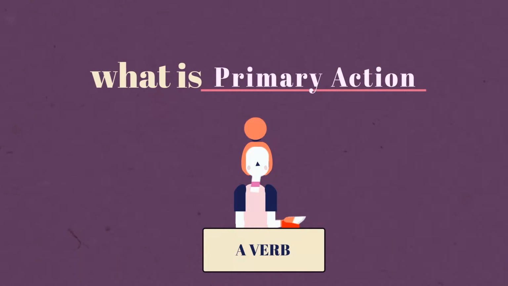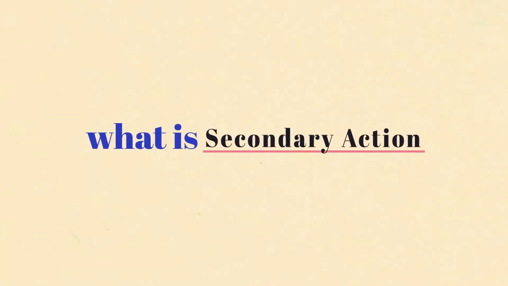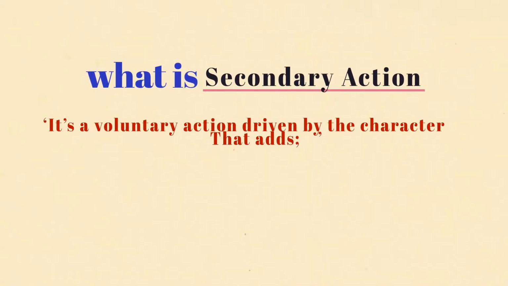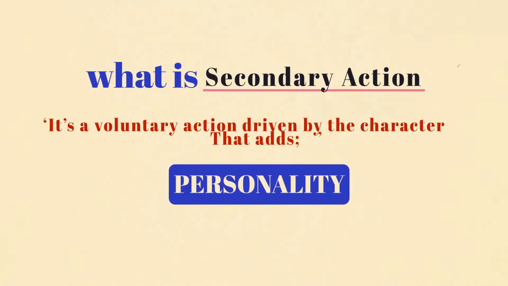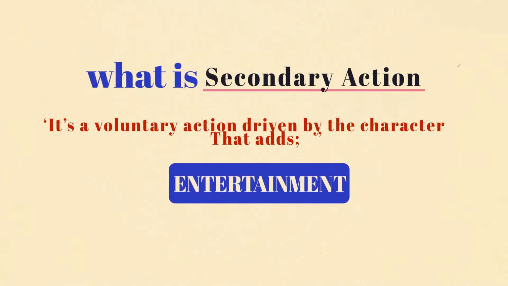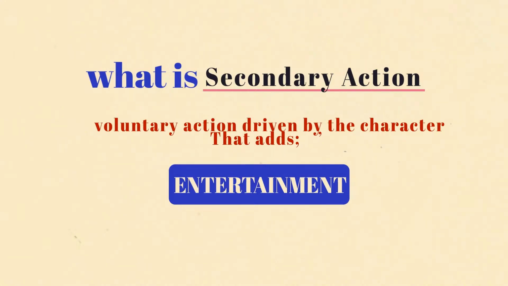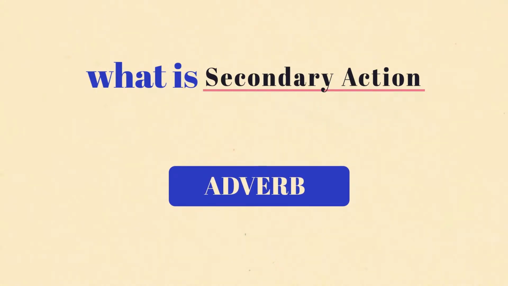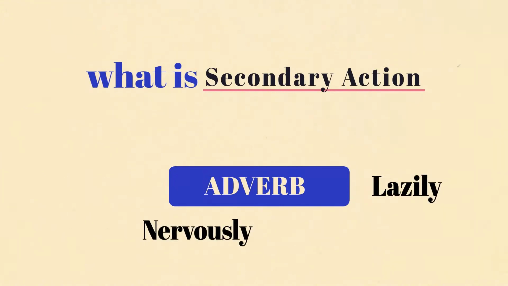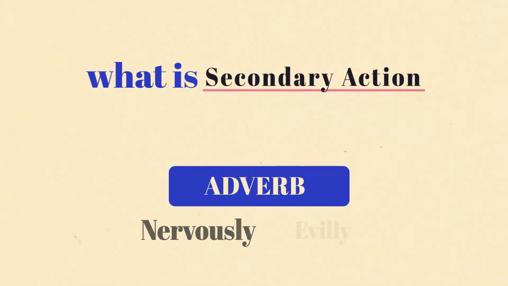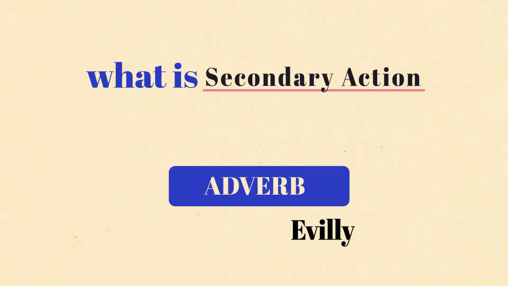So, what is secondary action? Secondary action is a voluntary action driven by the character that adds depth, personality, and entertainment. In other words, an adverb. So we could do something angrily, lazily, nervously, or in my case, evilly.